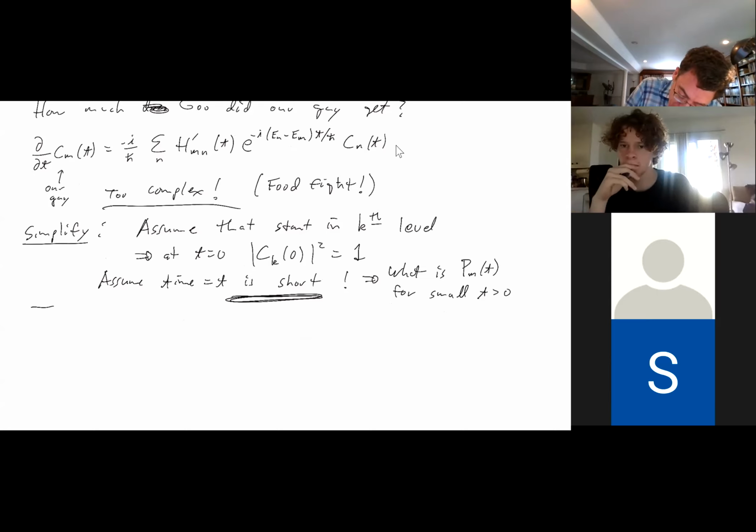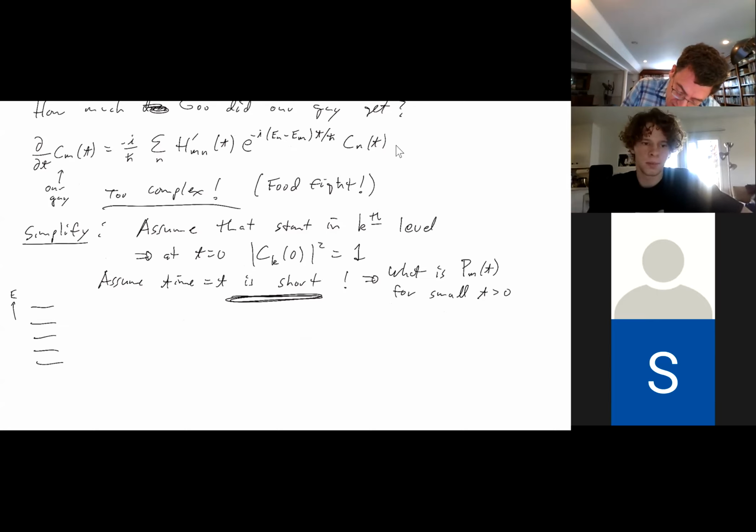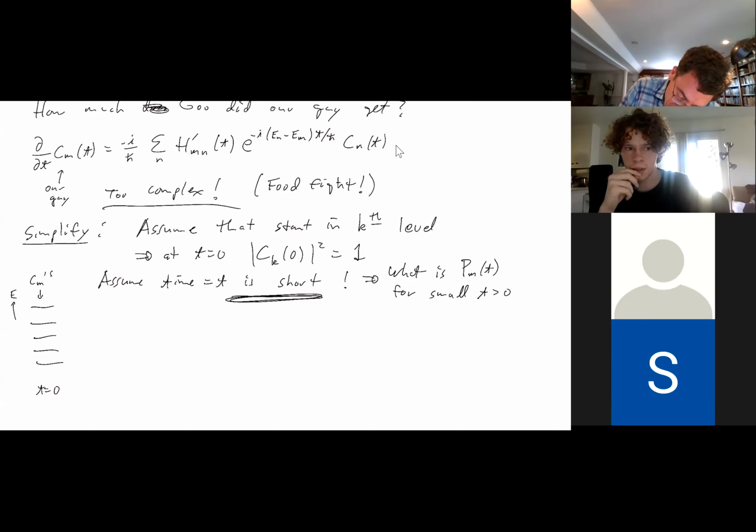Well, this is sort of the visual picture. We have all these states. This is energy, and we're starting in the kth state. This is at t equals 0. Let's think of the C_m's in these states. We see that in the kth state, it's 1, and in all the other states, the amplitude to be in those other states is 0.